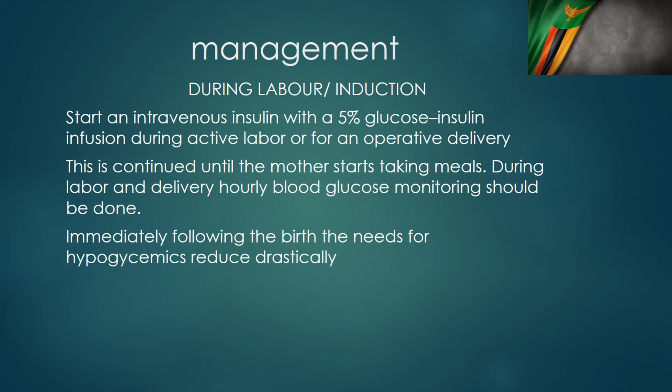Once the woman gives birth, we need to remember that because the placenta is out, there's no human placental lactogen, and all those placental insulinase enzymes are not there anymore.